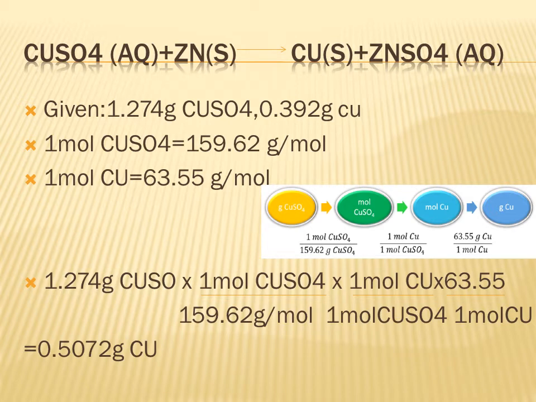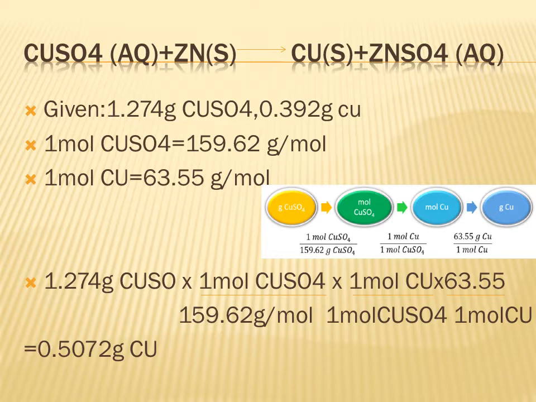For example, I got this example for more understanding of how to get the percentage yield. Here the equation is copper sulfate, which is liquid, plus zinc, solid, and the products will appear as copper solid plus zinc sulfate liquid.